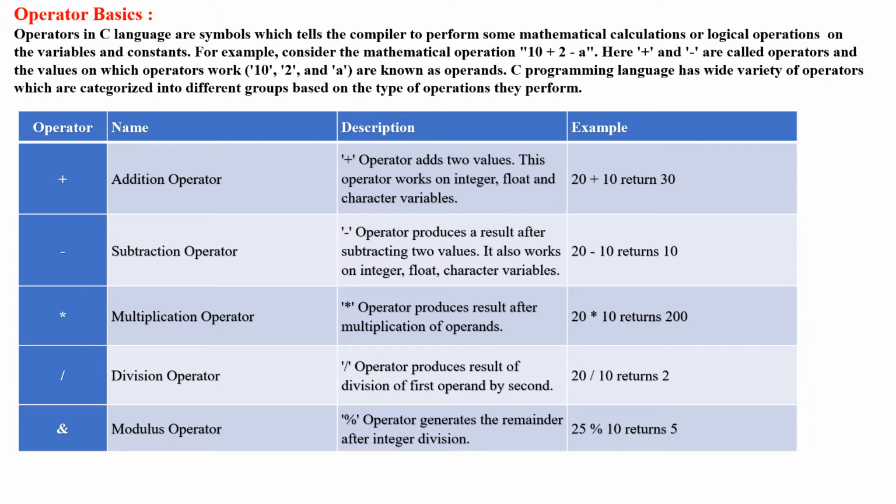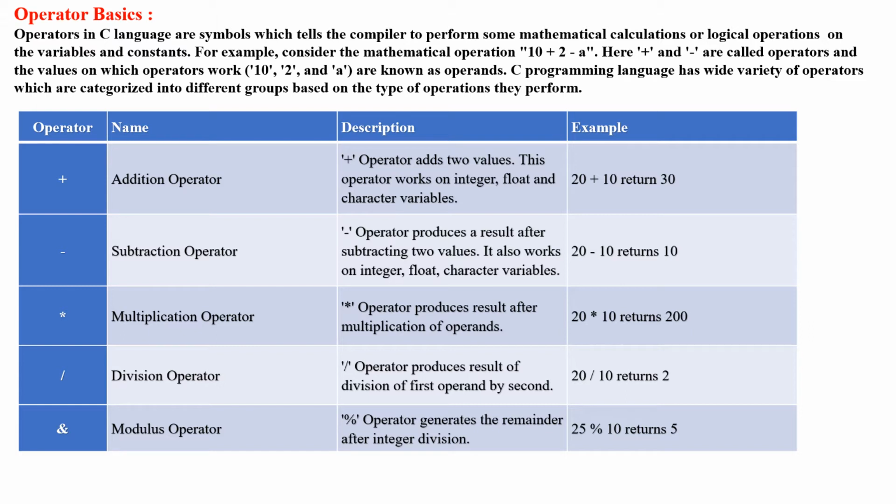Next is the multiplication operator. This operator produces a result after the multiplication of operands. The example is 20 multiplied by 10, so the answer is 200.